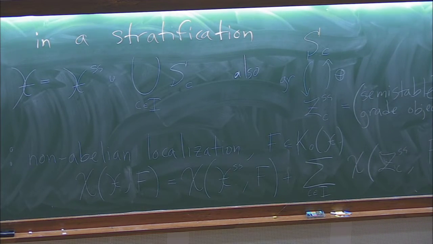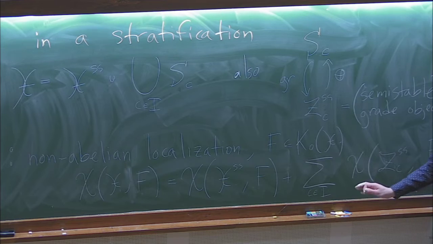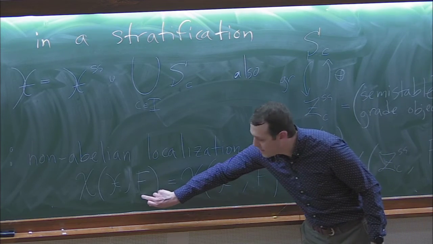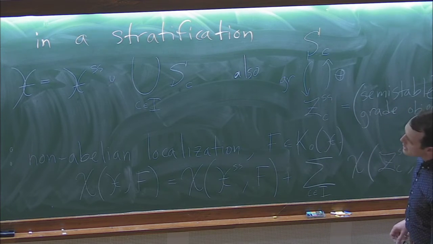And the correction terms are the index of certain classes over these moduli spaces of semi-stable graded objects. In general, this gives you an inductive way to compute these numbers. Or actually, in practice, these numbers will be possible to compute.